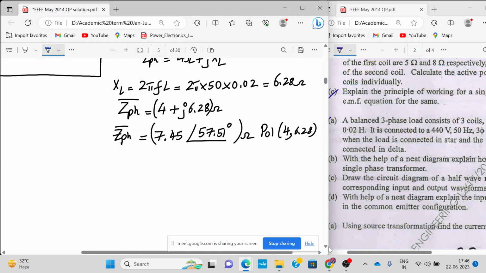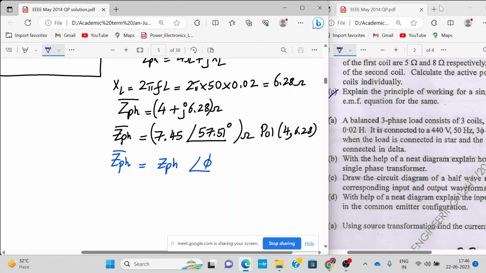Let me know yes or no. And this is in the standard form, Z phase angle phi. Let me know if you are getting this answer. Yes.